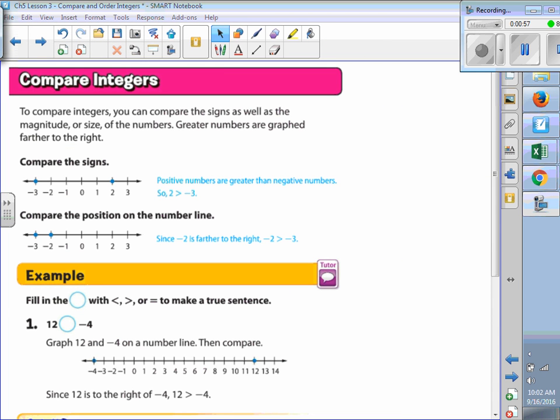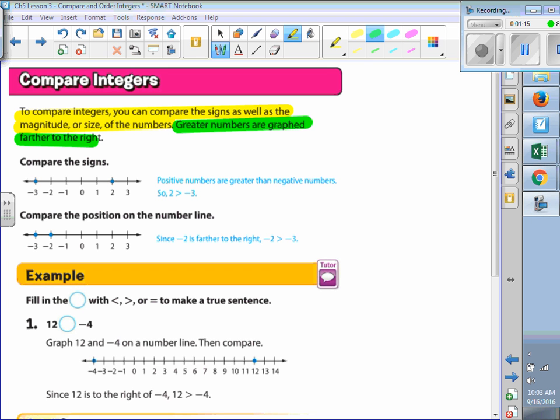Now, to compare integers, you can compare the sign as well as the magnitude or the size of the numbers. Greater numbers are graphed farther to the right. So, when we're looking at a number line, the numbers that are further to the right are larger than the numbers that are further to the left.